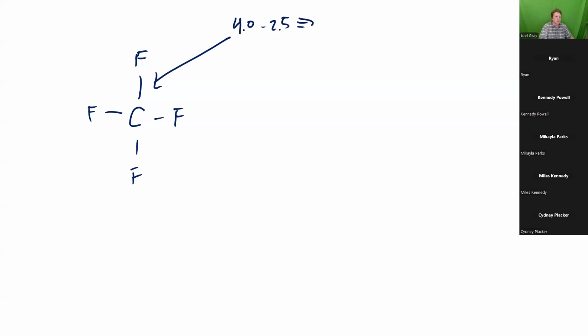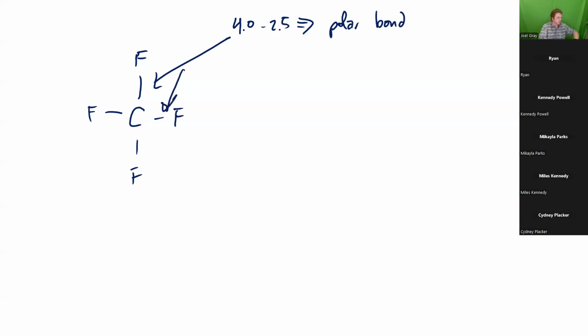Okay. Now, if we look at something like this, CF, CF, CF, CF. Our electronegativity difference here is 4.0 minus 2.5. This is a polar bond.